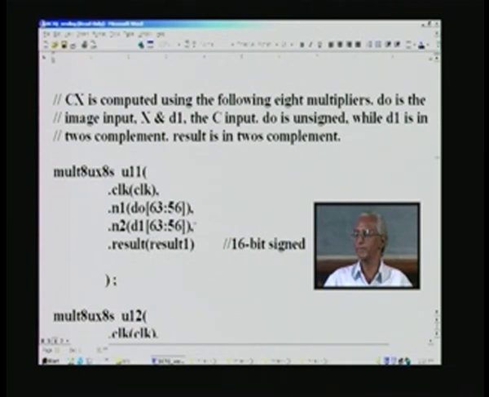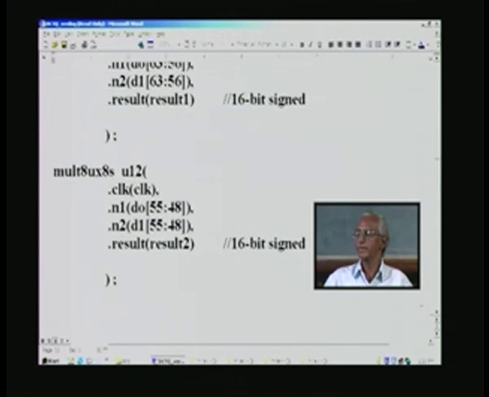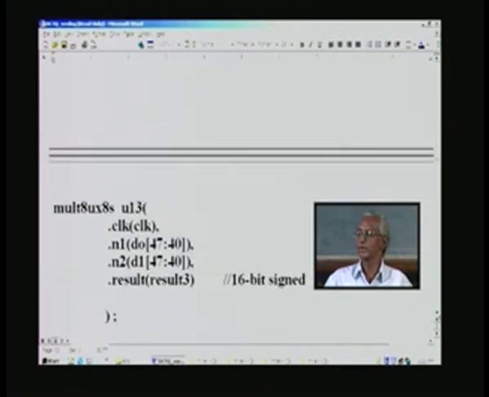Once again the corresponding byte is taken to process, and it produces a result called result 1, which is 16 bits because it is 8 unsigned times 8 signed. Likewise all the 8 multipliers are identical except that different bytes are used. The next bytes are used here, producing result 2, and so on it goes.